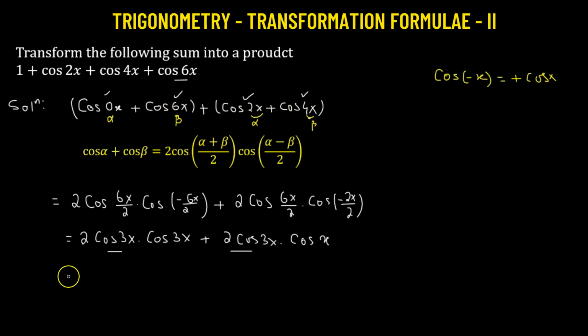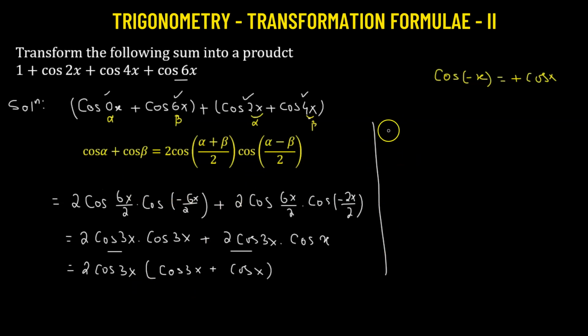Fine. So now we should get 2 times cosine of 3x multiplied by cosine of 3x plus cosine of x. So we can again apply the transformation formula, and this should give us, let's do it here. We have 2 times cosine of 3x multiplied by 2 times cosine of, so we treat alpha as 3x and beta as x.